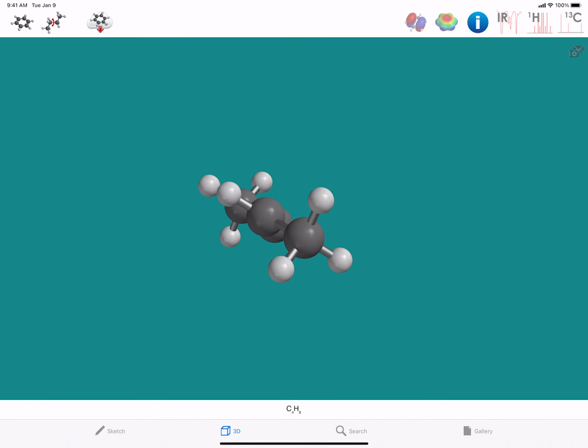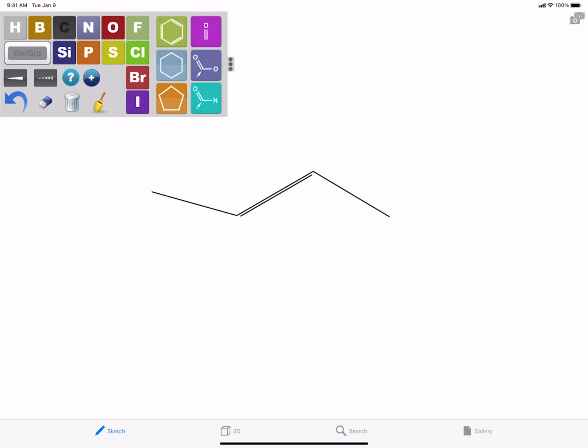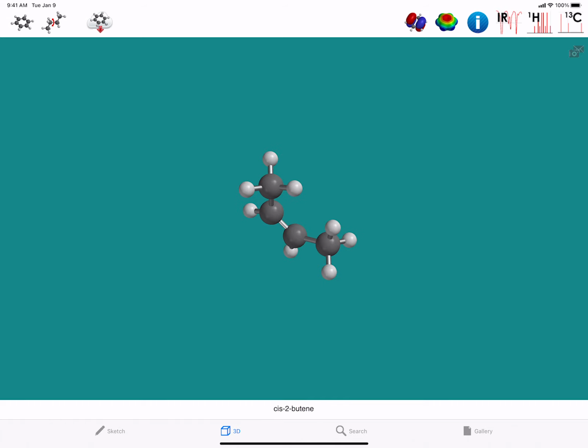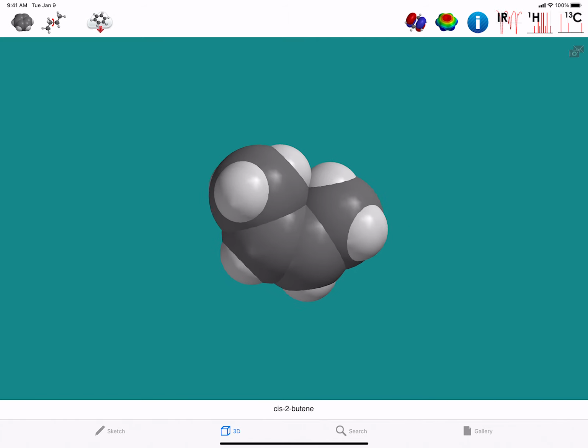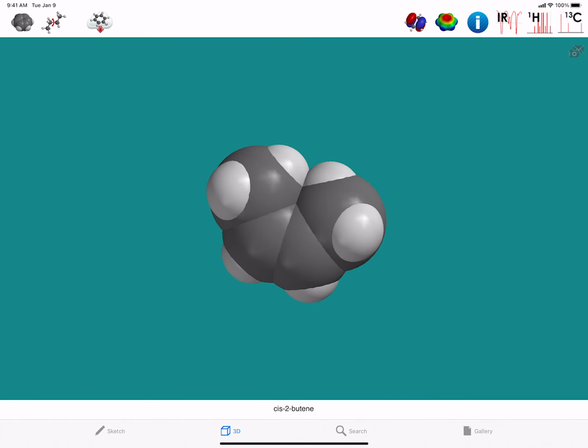In contrast, if we delete one of those methyls and put it on the same side, we get cis-2-butene. And looking at the space filling model, you can see those methyl groups are in contact with each other.